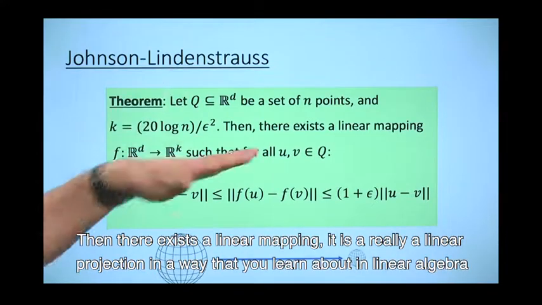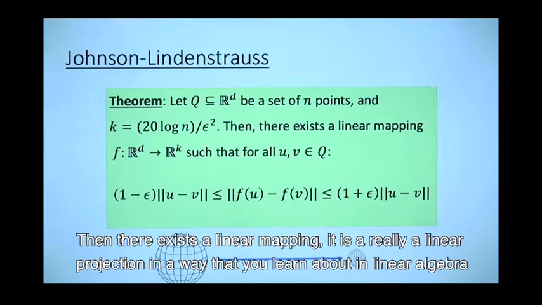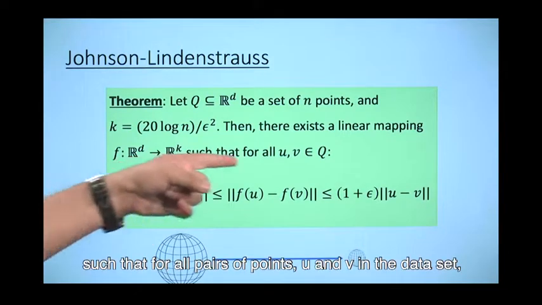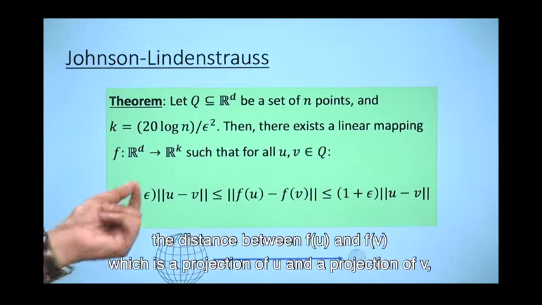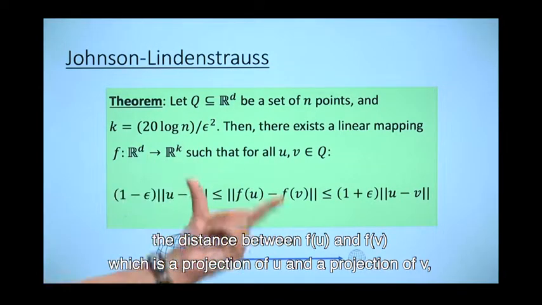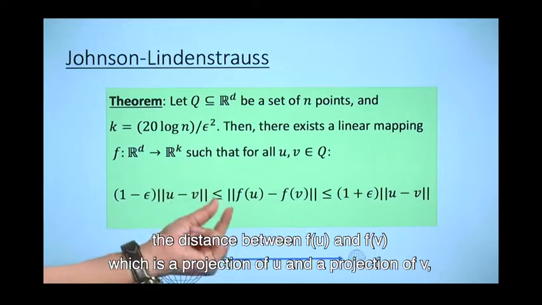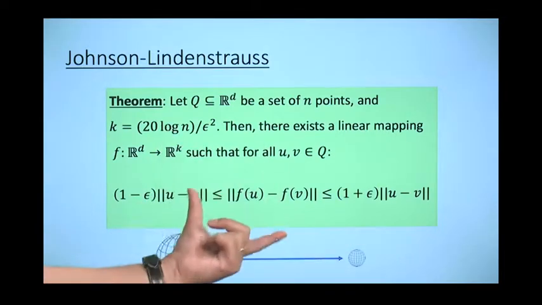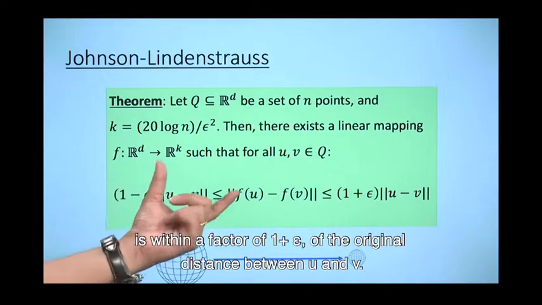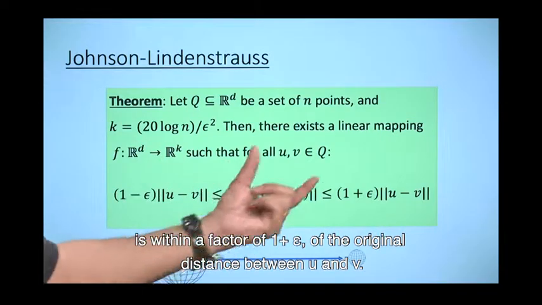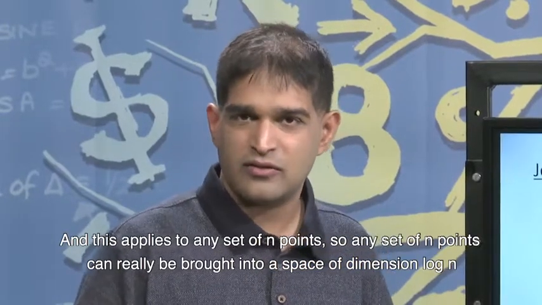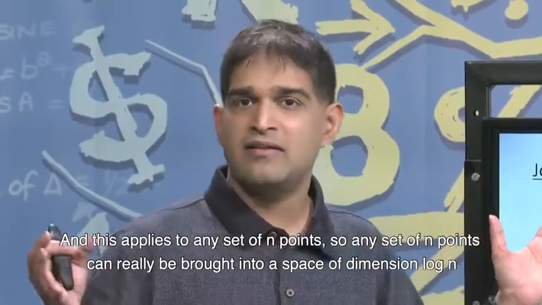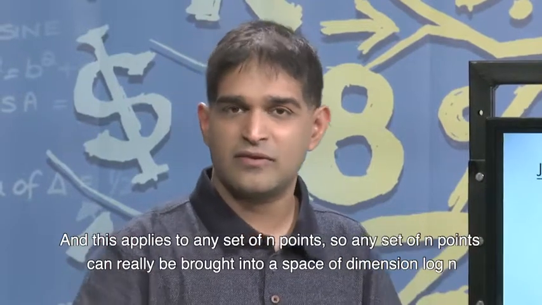Then there exists a linear mapping, really a linear projection in the way that you learned about in linear algebra, such that for all pairs of points u and v in the data set, the distance between f of u and f of v, which is the projection of u and the projection of v, is within a factor of 1 plus epsilon of the original distance between u and v, and this applies to any set of n points. So, any set of n points can really be brought down into a space of dimension log n.